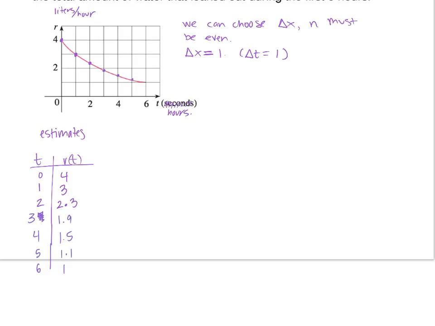So for example, could I just go straight to Simpson's with 6 approximations, which is 1/3, and I could just say 1 times 4, plus 4 times 3, plus 2 times 2.3, plus 4 times 1.9, plus 2 times 1.5, plus 4 times 1.1, and then just 1. Yeah, totally, you could skip to that.